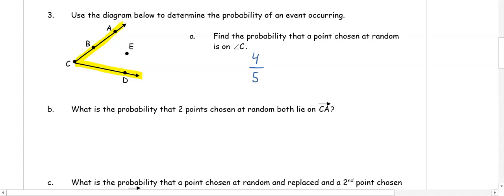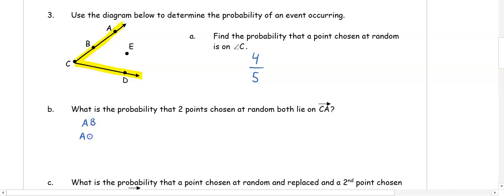In part B, what is the probability that 2 points chosen at random lie on CA? Now, if we are choosing 2 points at random, it doesn't matter the order. So if I pick AB or BA, that's the same order. So we're not going to worry about the reverse. So when I write out my possibilities, I'm going to write out 2 letters at a time.